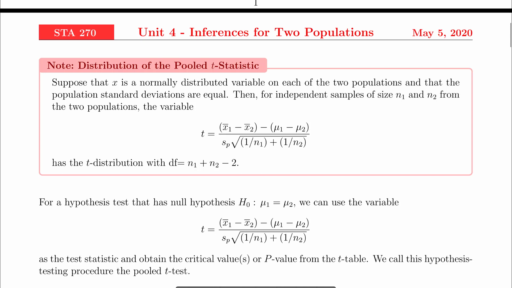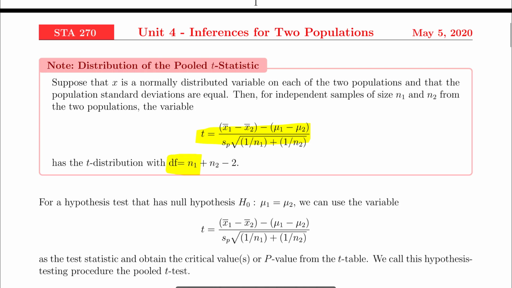This is the equation here to find the value for t, for your test statistic for your hypothesis test. So it's going to include the mean of the sample of the first population minus the mean of the sample of the second population, minus the difference between the means of the populations as a whole, not the samples, divided by that pooled standard deviation statistic that we showed how to calculate a second ago, times the square root of 1 over n sub 1 plus 1 over n sub 2.